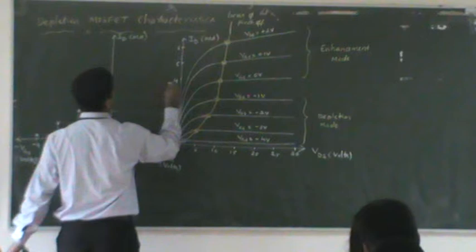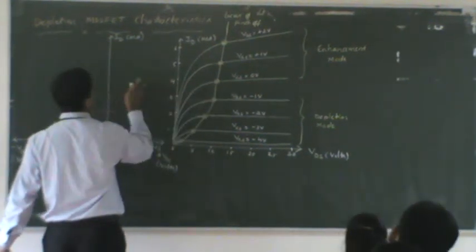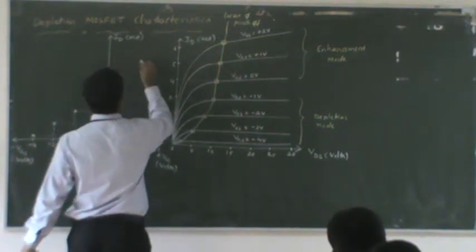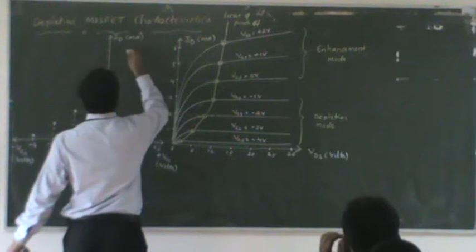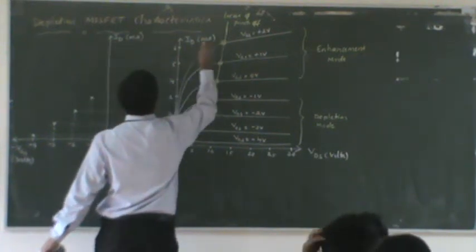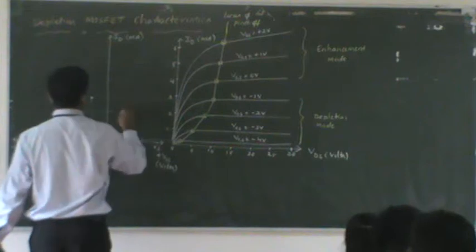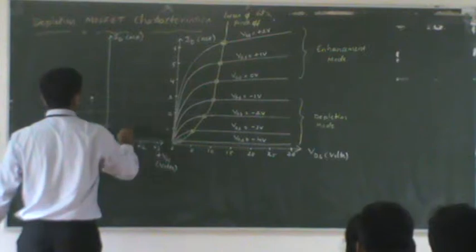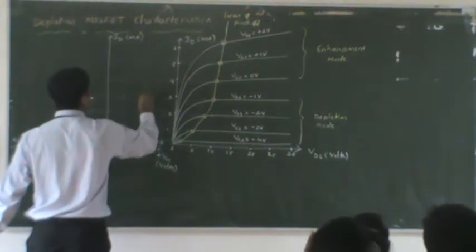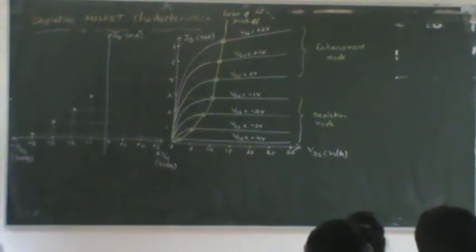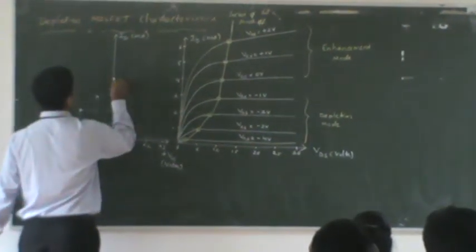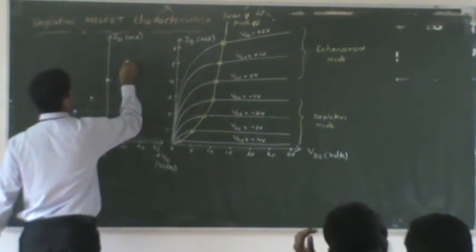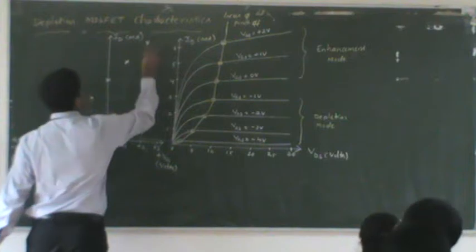Next we have for 0, at this point the intersection point. For plus 1, the intersection point at plus 1. Last we have plus 2.